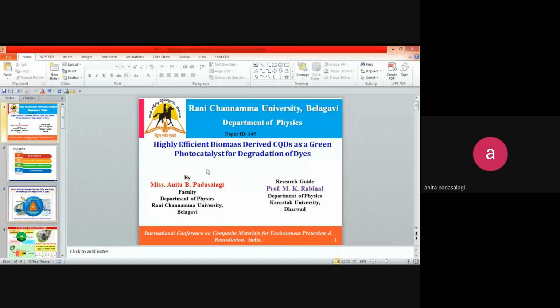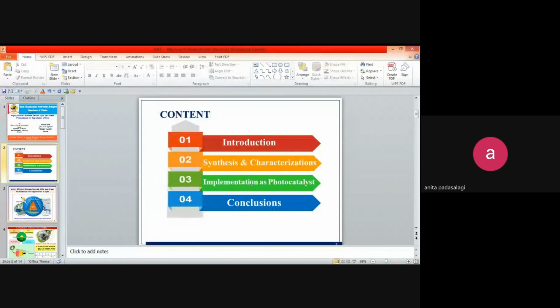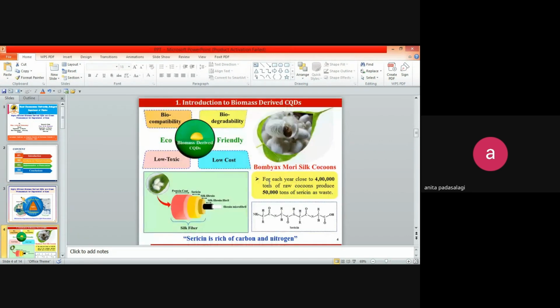Now is it moving? Now I am on the second slide. Yes, ma'am. Okay, it's moving. Okay then. Shall I continue with the fourth slide? Yeah, you can. Okay.